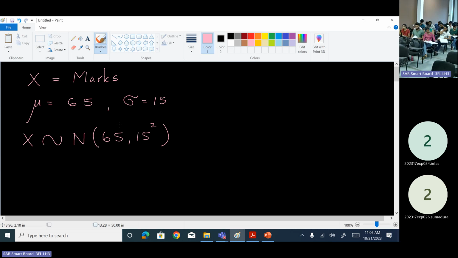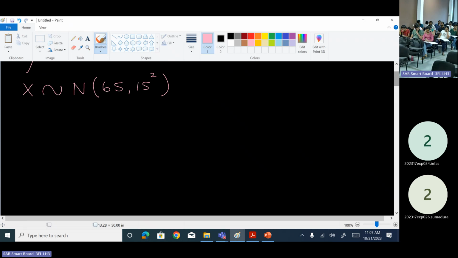Now the first part. If 5% of the students got distinction, what is the minimum mark for a distinction? So it's a reverse problem. Probability is given, and we have to find the value.